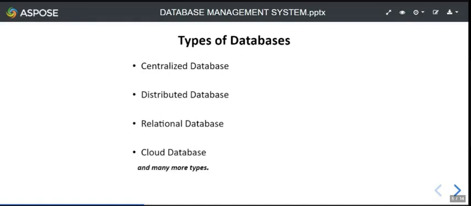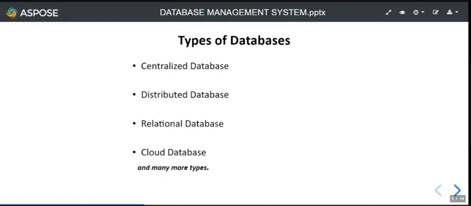Another type of database system is the relational database. This database is based on the relational data model, which stores the information in the form of rows and columns, together forming a structure similar to a table.